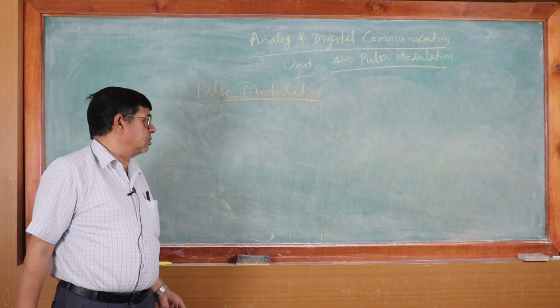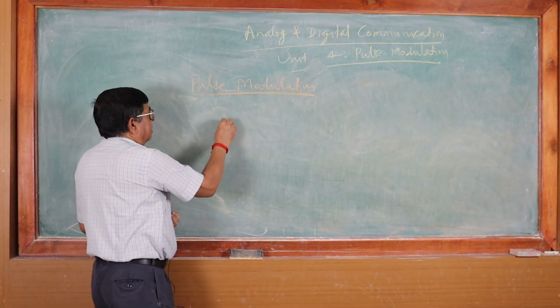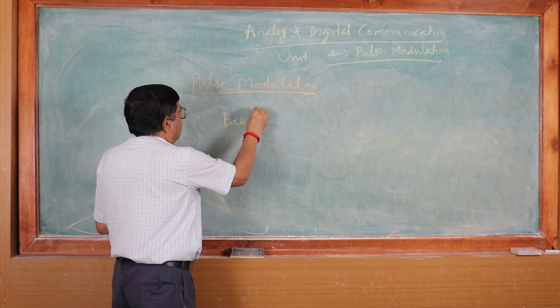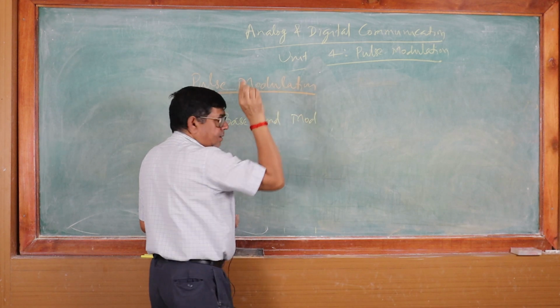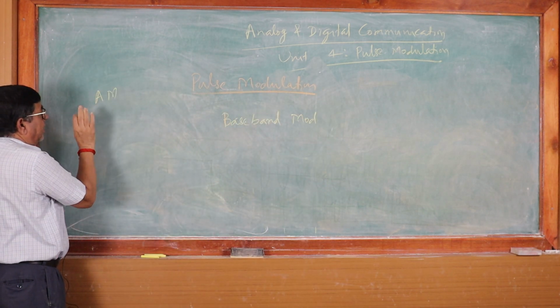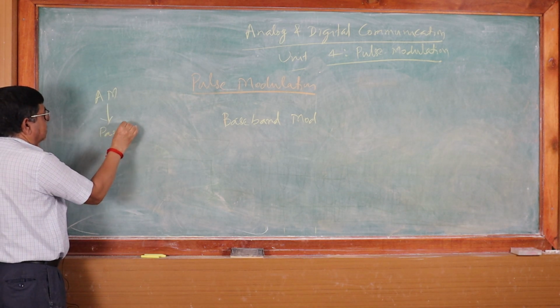One more thing I want to discuss: pulse modulation is called a baseband modulation technique. Okay? Whereas AM, analog signal modulations, are called pass band modulation.